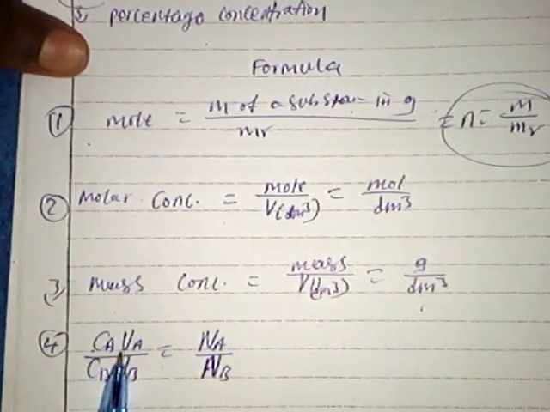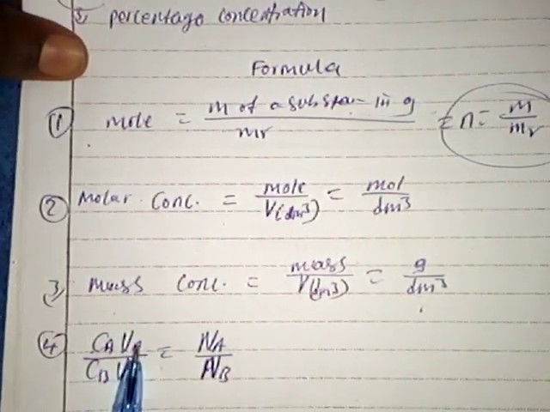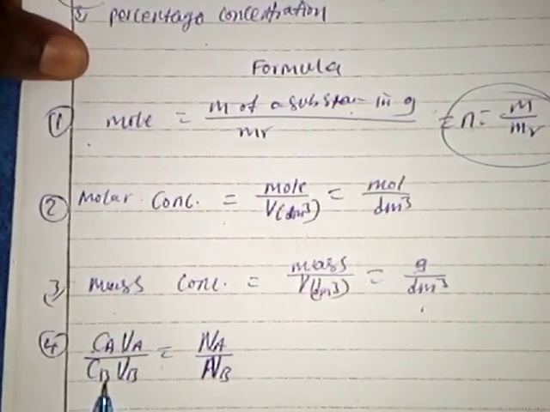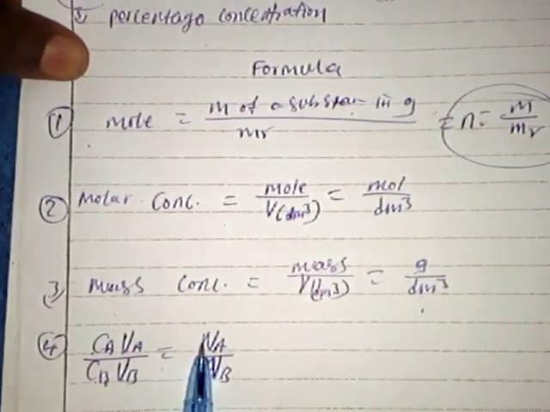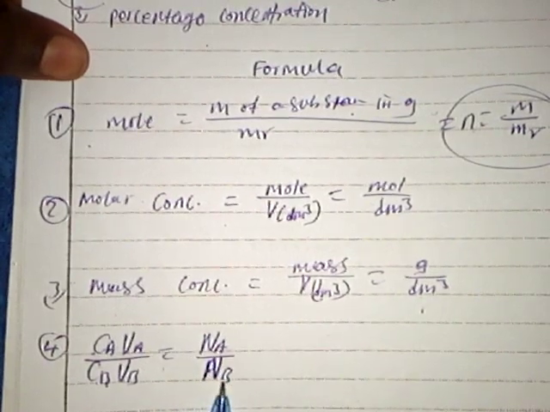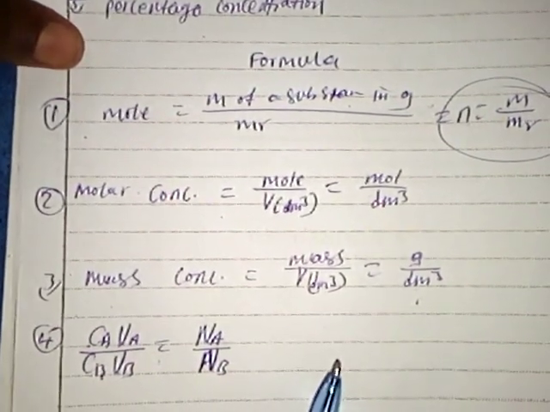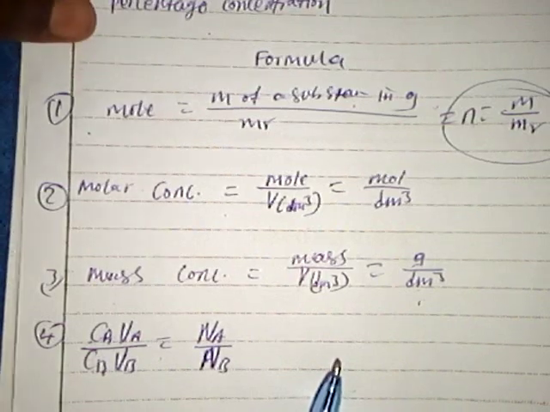A is the acid. V represents volume of the acid. B here represents what? Base. Concentration of the base, volume of the base, equals to the mole ratio of the acid, the mole ratio of the base. Do you see how to understand it? I hope it's clear. Good.